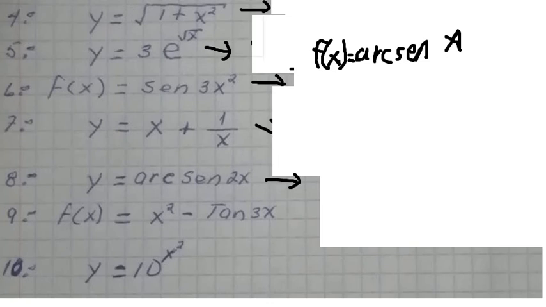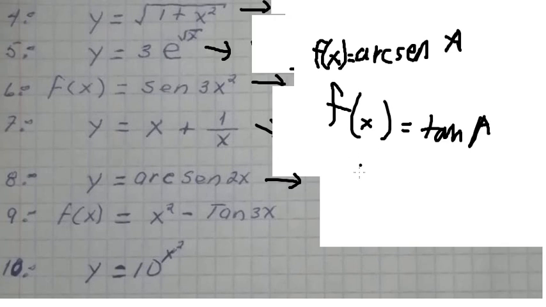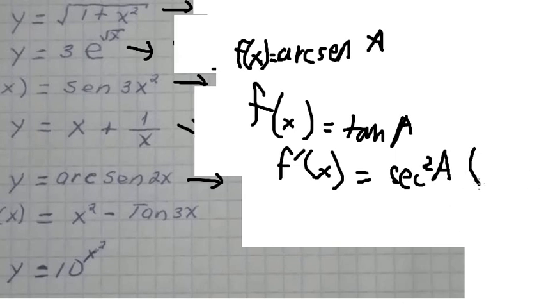About tan. We will get the first derivative of secant a squared. Later we multiply with the first derivative of a.